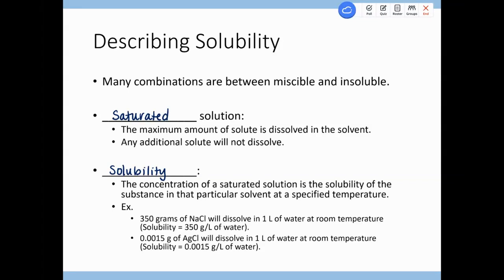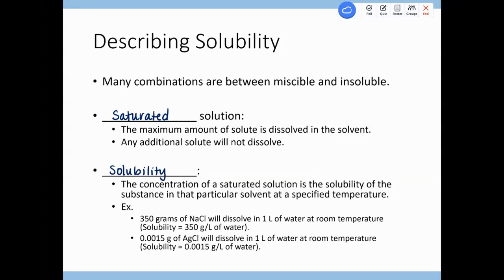So the solubility of table salt, sodium chloride, is 350 grams per liter of water. So this tells us that in 1 liter of water at room temperature, 350 grams of sodium chloride can dissolve. If you add 351 grams, 350 will dissolve, 1 gram will remain a solid.